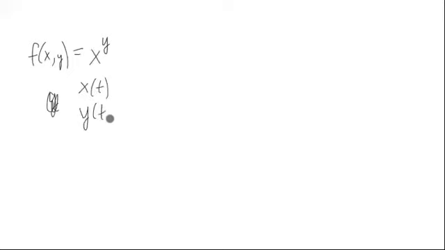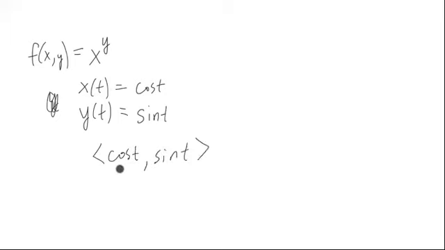This is kind of like a parametric function, which you could think of as a vector if you want. So I'll write it both ways. x of t is equal to cosine of t, and y of t is equal to sine of t. So we could think of it as a vector, cosine t, comma, sine t, where this is x and this is y.